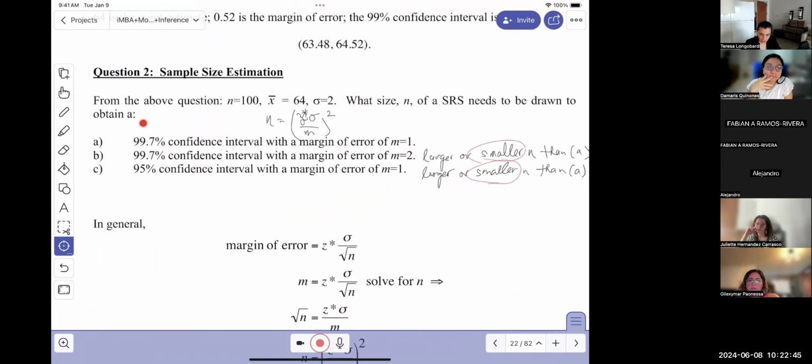We talked about the 99.7% confidence interval, and the Z star that we got was 2.965.